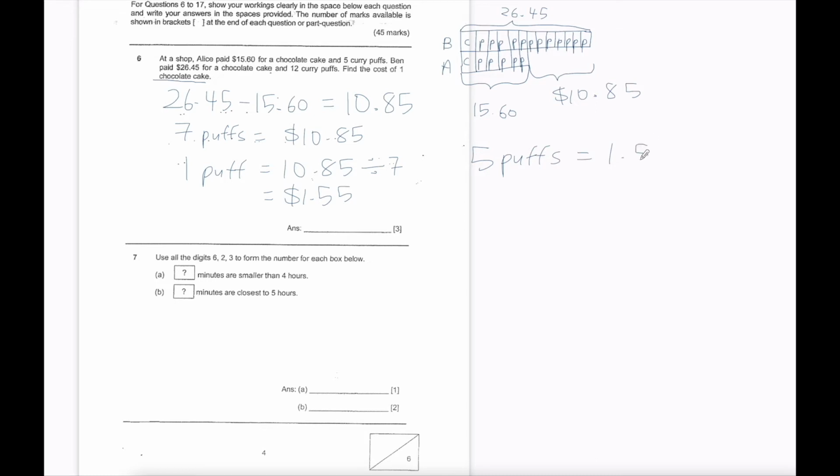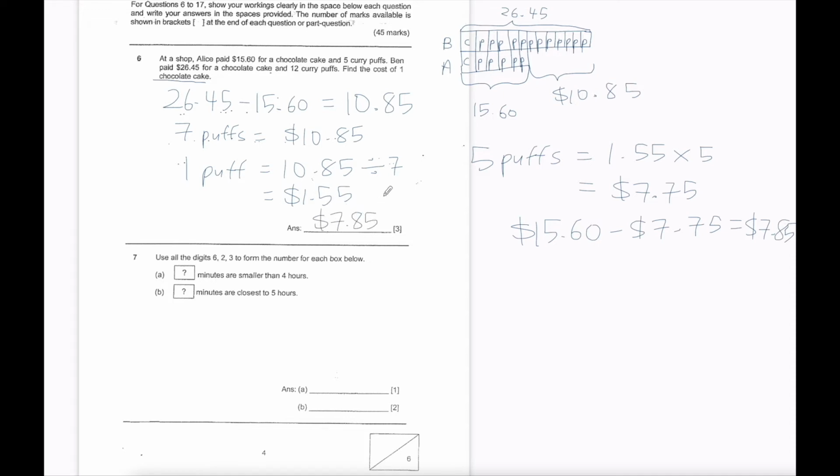It's 1.55 times 5, which is 7.75. So the price of one chocolate cake and 5 puffs is 15.60. So to find the price of one chocolate cake, we just need to take 15.60 minus away 7.75. And we have our answer, 7.85. Okay? That's it, 3 marks.